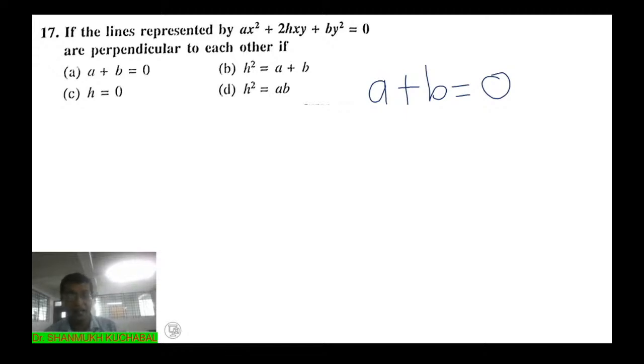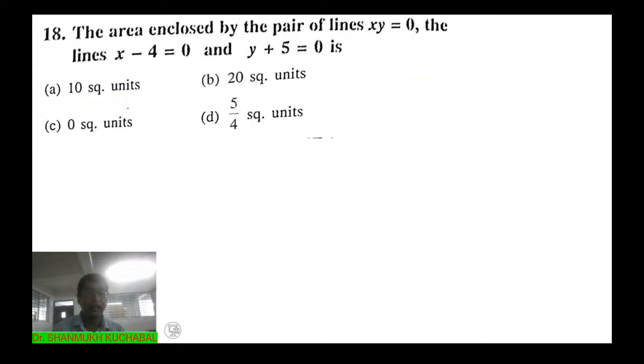This is the standard result where a is the x square coefficient and b is the y square coefficient. Therefore, question number 17, A is the right option. Right, we move to the next.